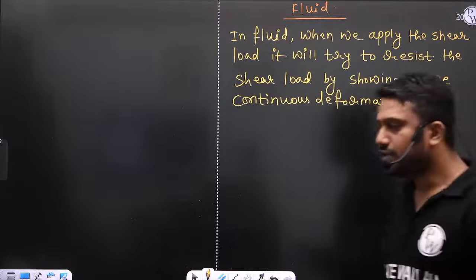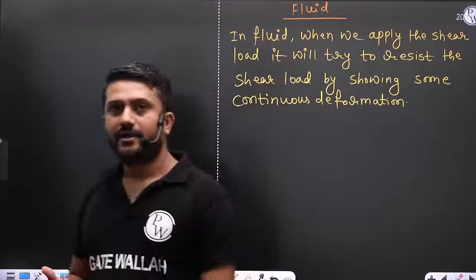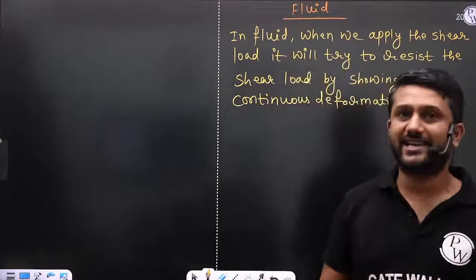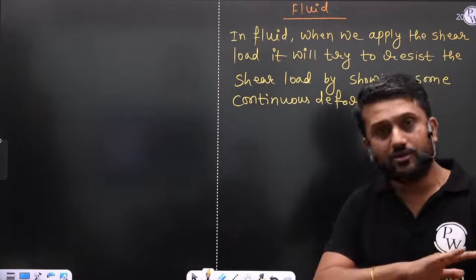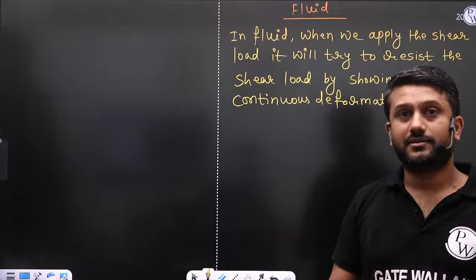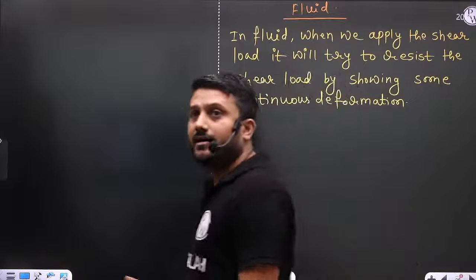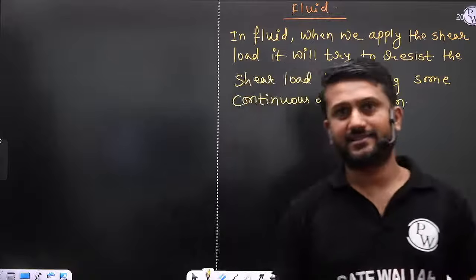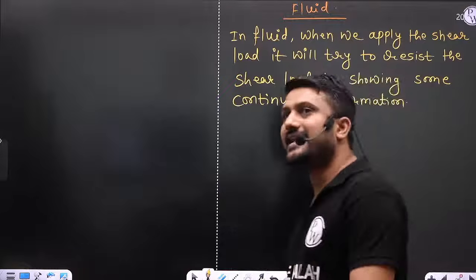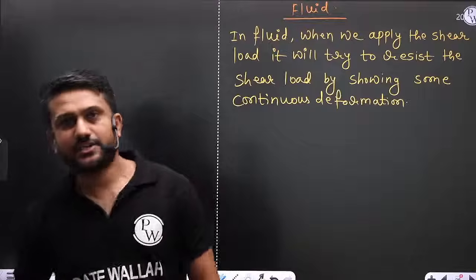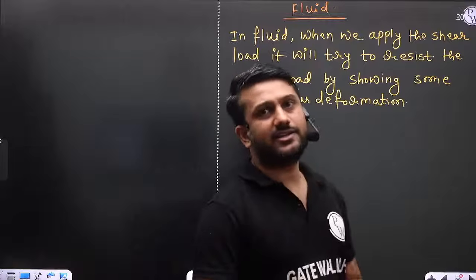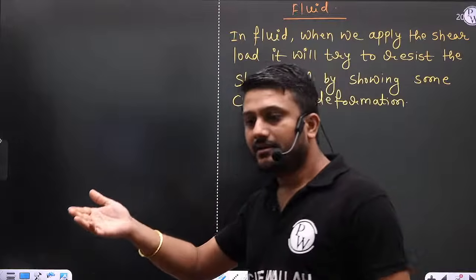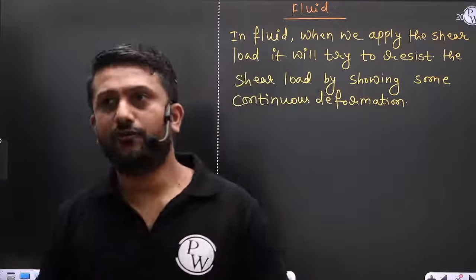If someone asks you what is the flow, till the time we have not defined the fluid, don't say fluid has the ability to flow. Because this is a 7-8 standard definition. If someone asks a 7-8 standard student what is the fluid, the student says, sir, anything having the ability to flow is a fluid.